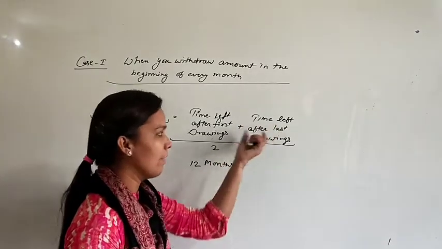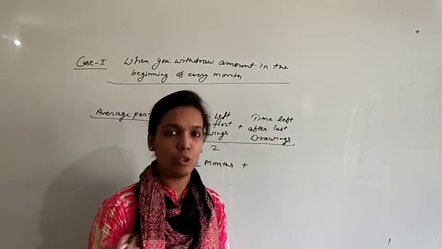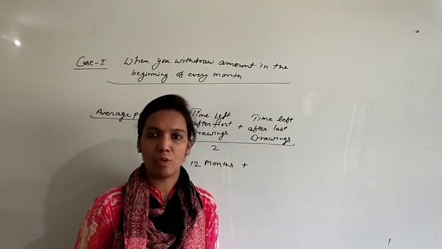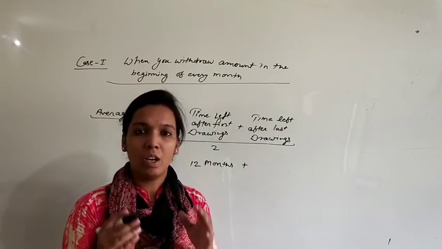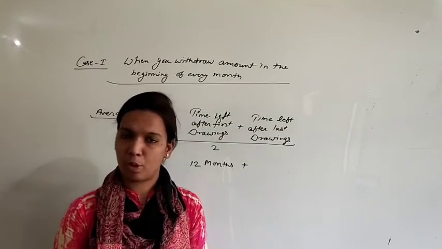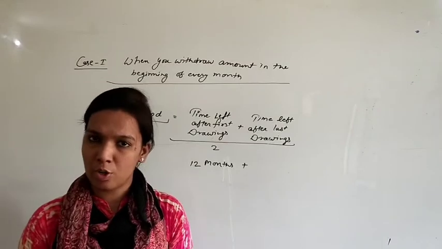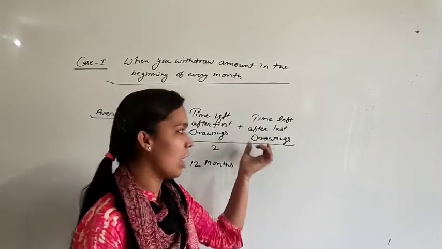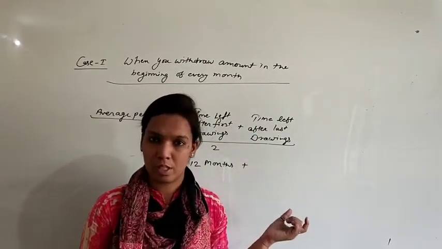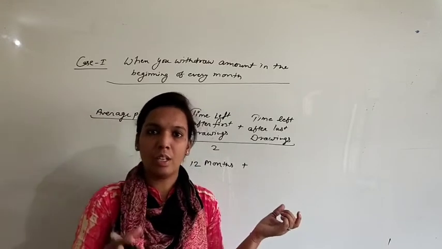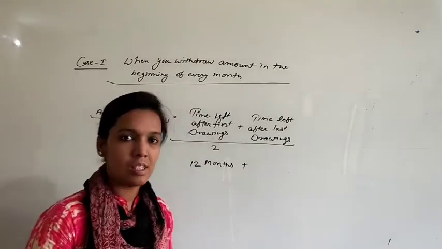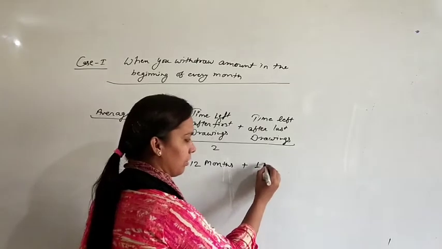Okay, time left after last drawing. When will you last draw the amount from the business? That will be on March 1st, because your session will end in March. So you will draw the amount from the business on March 1st. After this last drawing, the time left will be 1 month.